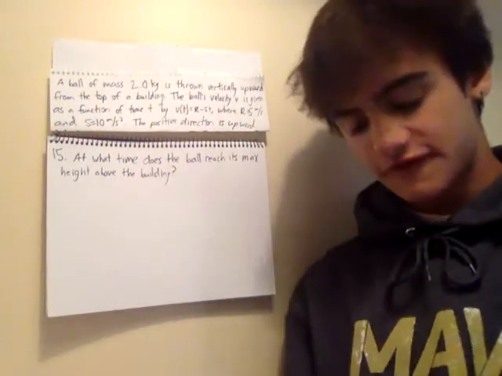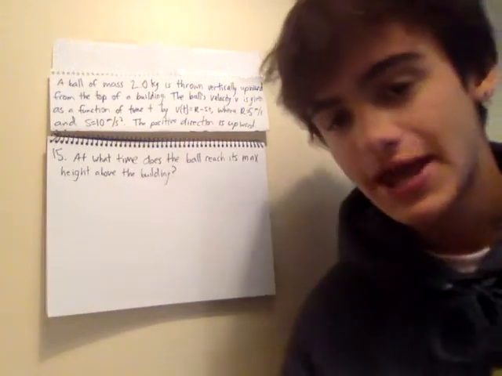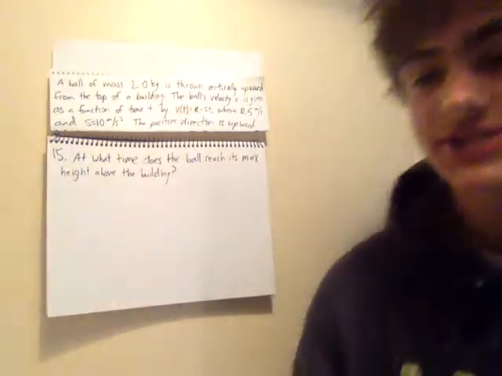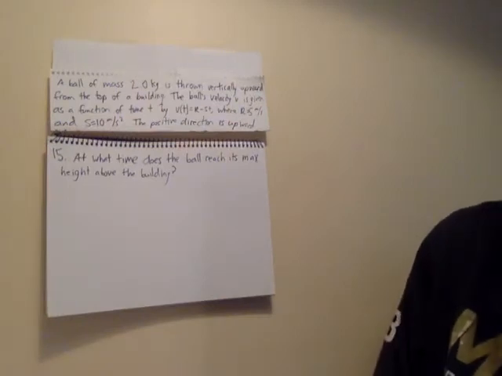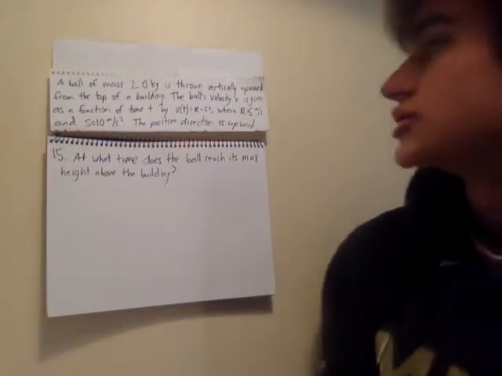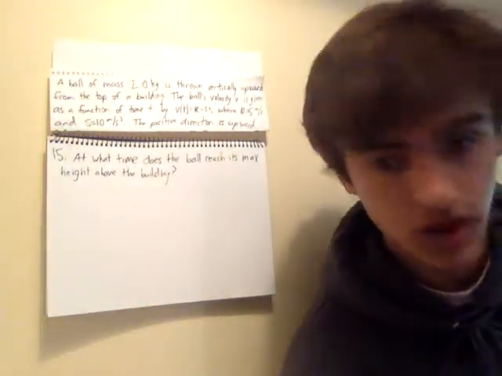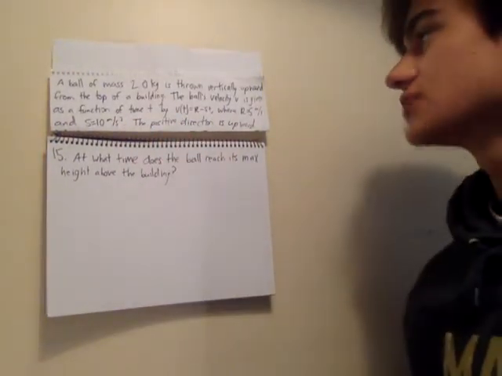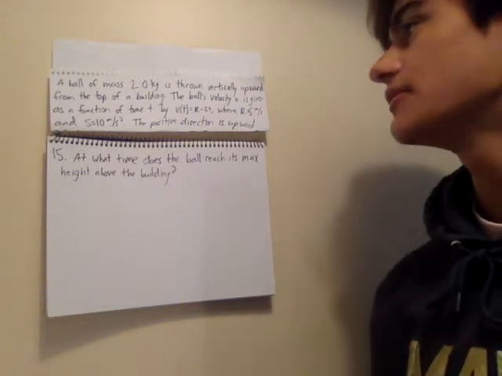This is problem number 15 from a Physics C Mechanics AP multiple choice test. So this is the second in a series of 3 problems related to this scenario above. A ball of mass 2 kilograms is thrown vertically upwards from the top of a building.